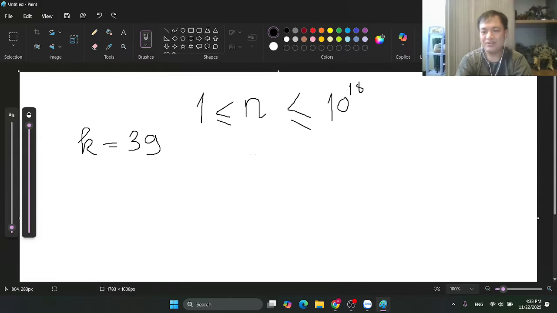When you ask the judge about n, the judge will tell you A or B, which is the answer to this problem.